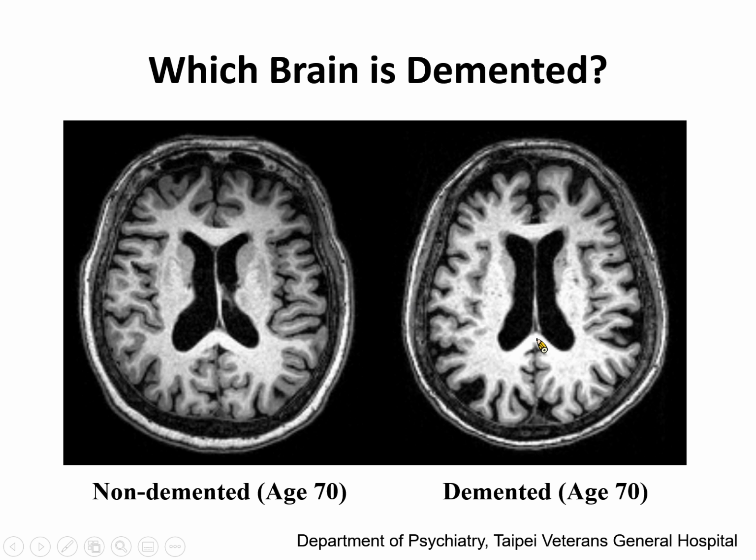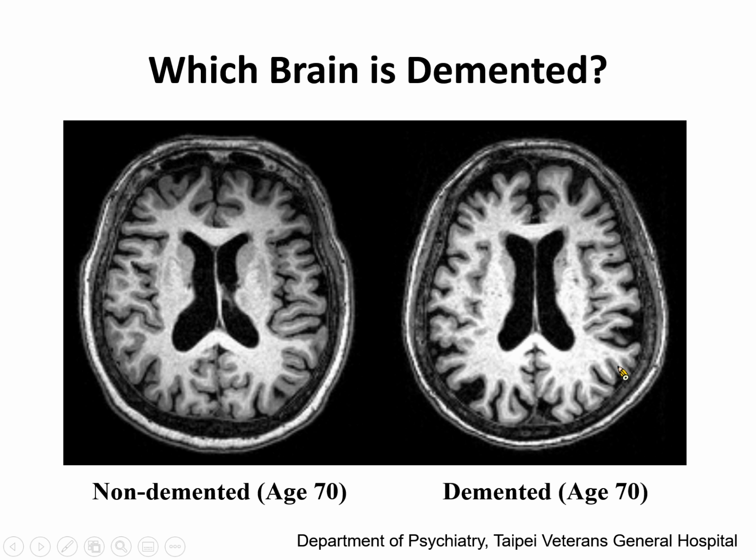Typically, we look into the temporal cortex, because the temporal cortex is very close to regions like the hippocampus and other subcortical regions. And the temporal cortex is usually the first brain region that shows brain atrophy in dementia.